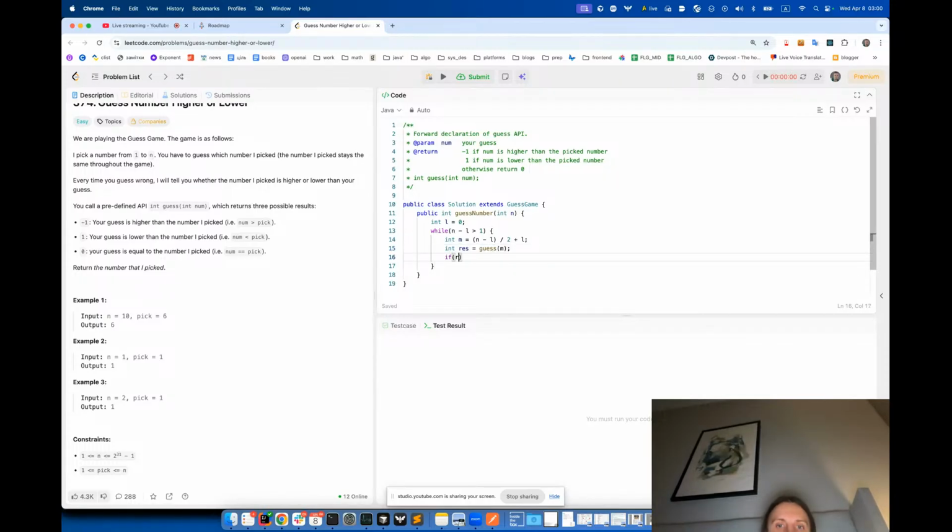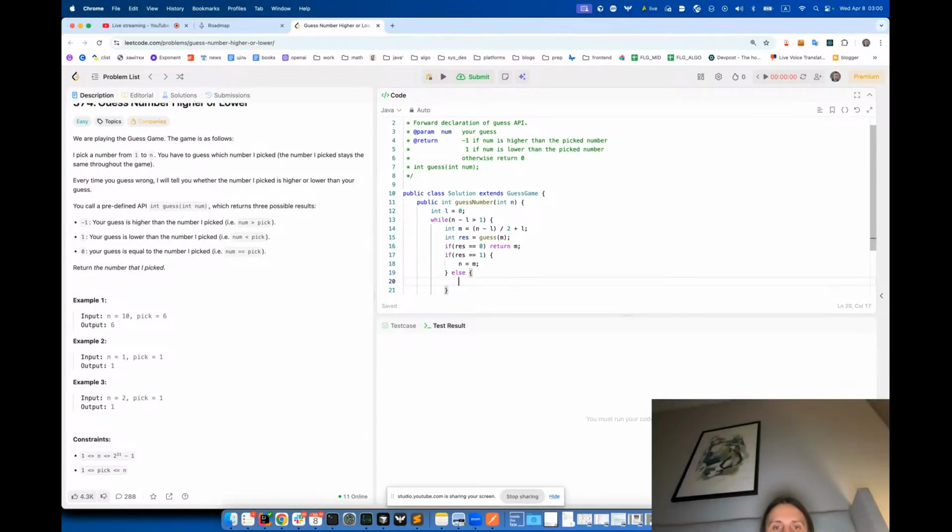And we can check if result is equal to 0, then we return m. If result is equal to 1, the guess is lower, so it means that we should move our r to m.